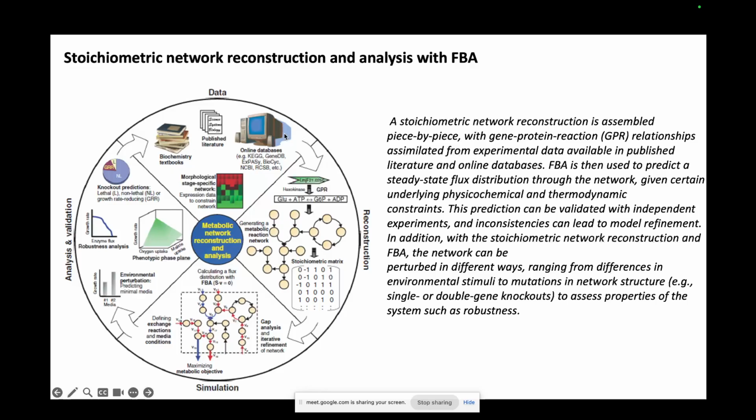So this is your experimental data. You have online databases, published literature, some more data sources and everything, and you find all these gene-protein relationships, and you can then form the stoichiometric matrix of the reaction.